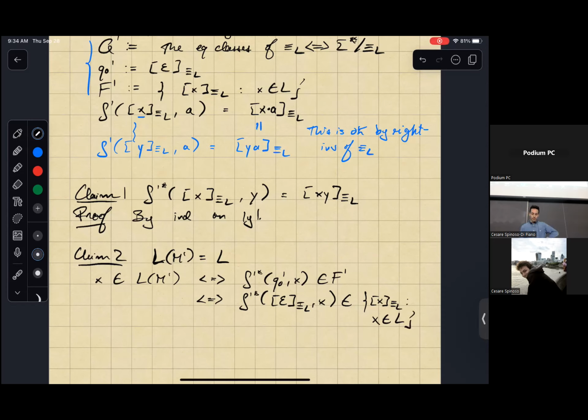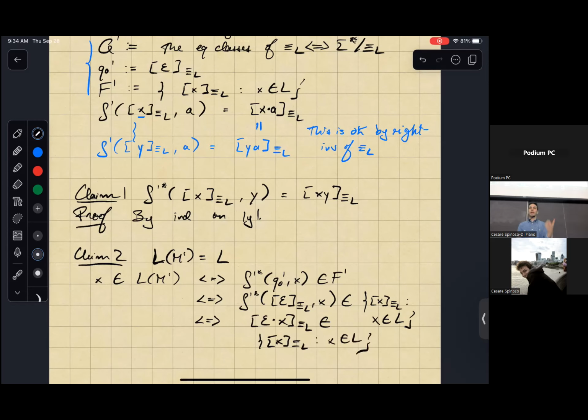Okay. So now I'm going to use my claim, which I've claimed without proof. I'm going to go from this to saying that really this is the same as taking the empty string and sticking all of x to the empty string. So this is the same as saying I end up in state empty string concat x, which is in, it's annoying to rewrite, but which is in here.